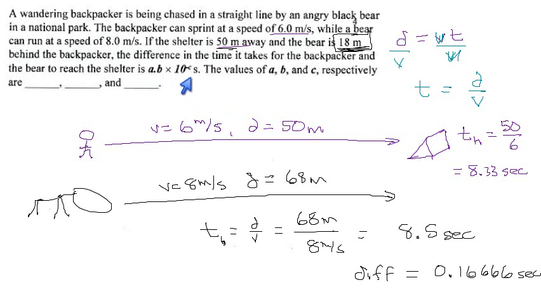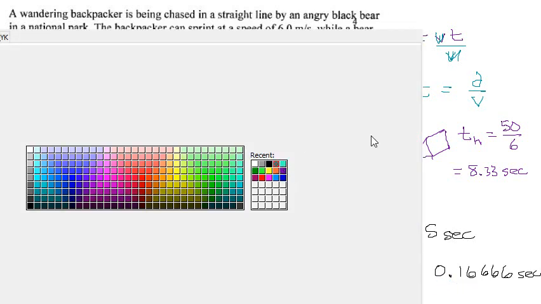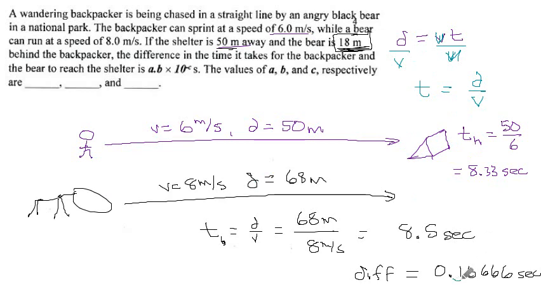They ask for the answer in scientific notation. If you put this in scientific notation, you have to move the decimal one step to the right. And so you'd give this as 1.66666 times 10 to the minus 1. The minus 1 is because you moved the decimal one step to the right. It's like you're saying, this is 1.666, only one step smaller, actually.